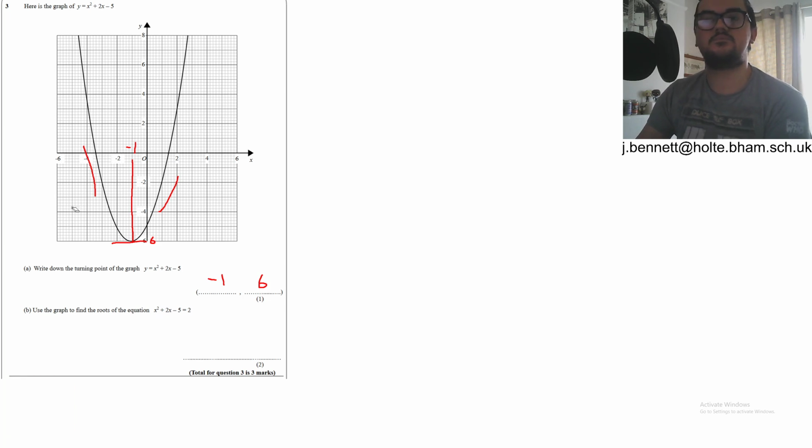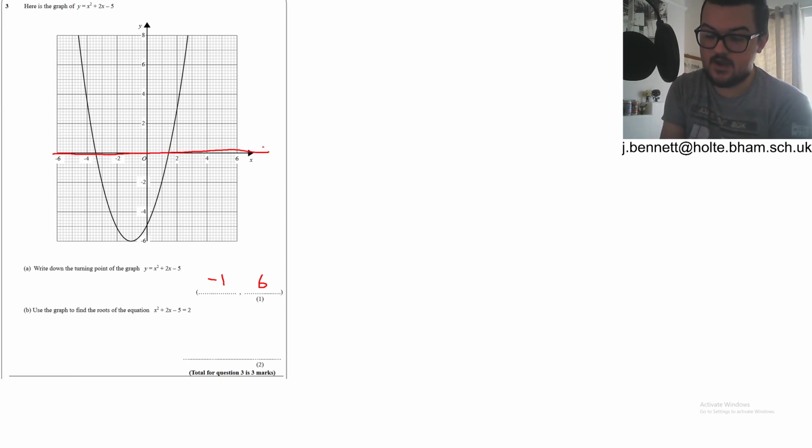Now this is a bit different. This isn't just asking you to find the roots when it equals 0. I want you to find it when it equals 2. So normally we find that line where it equals 0, sorry. But this time we're actually looking for it when y equals 2. Because if you think about this equaling y, we've changed our value of y to 2.